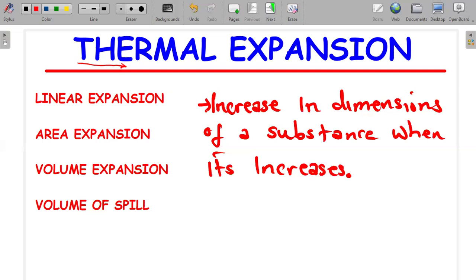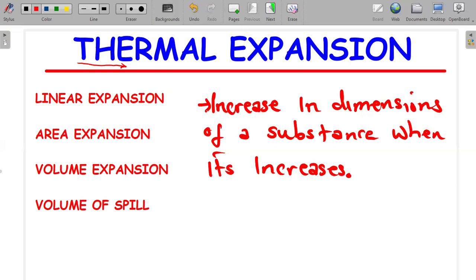That is how we can define thermal expansion. And this kind of expansion exists or takes place in different dimensions. We've just generalized it to say it's the increase in dimensions of a substance, but this increase in dimensions can take place in different ways.